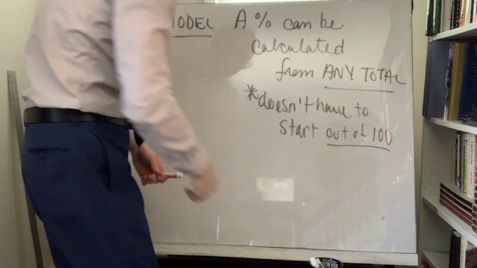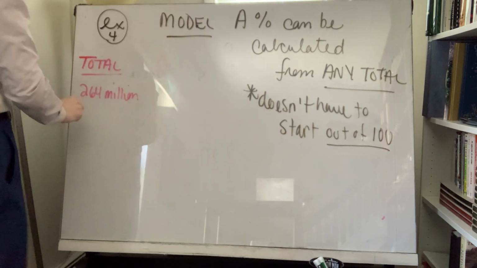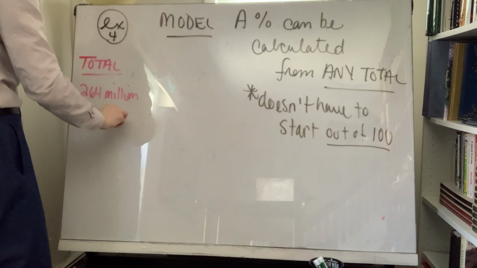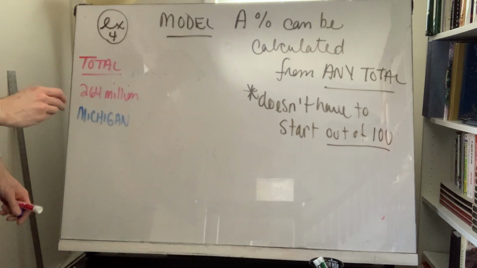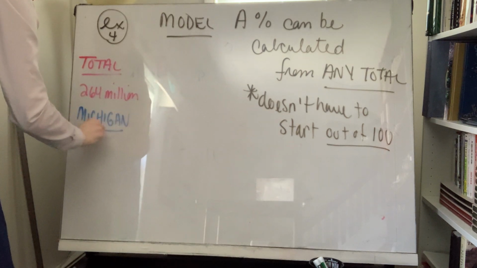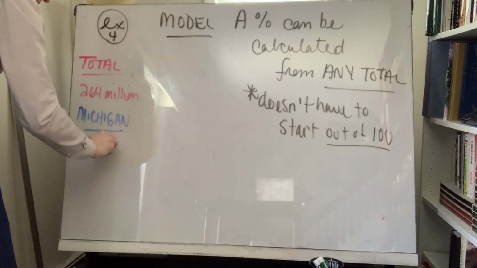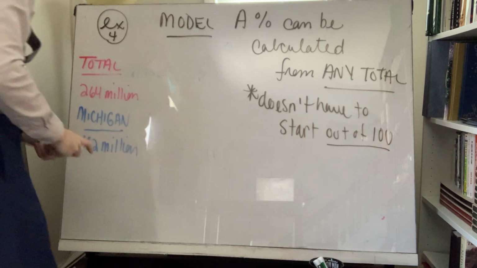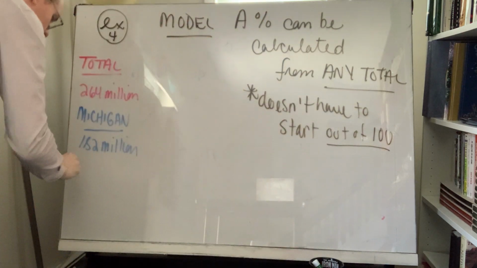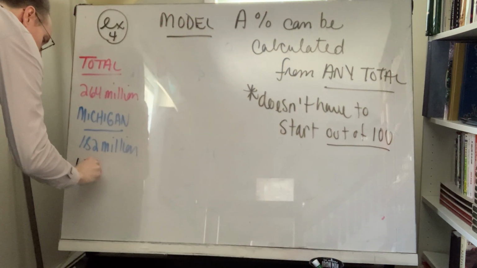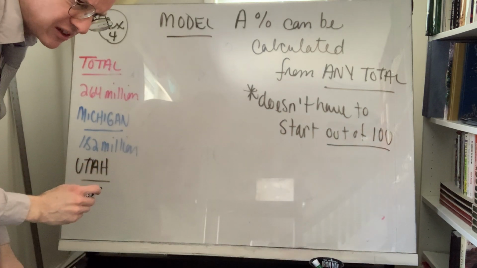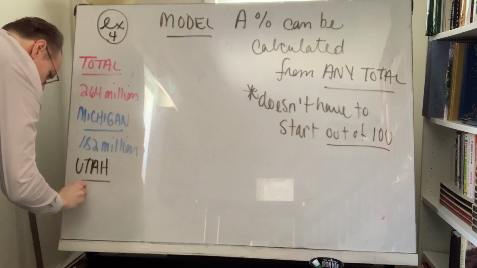Then it tells you after that in Michigan, they produce 182 million. And in Utah, it looks like 36 million.